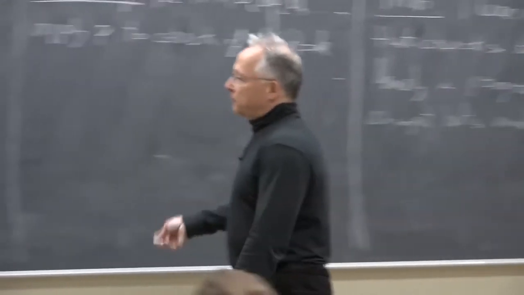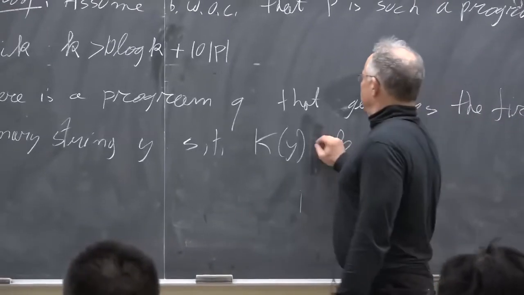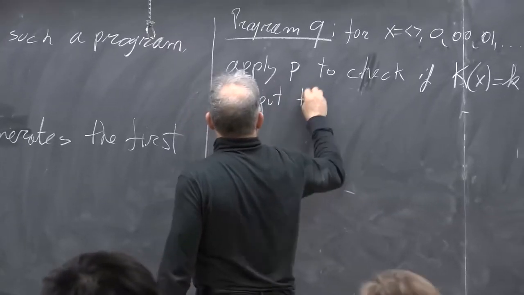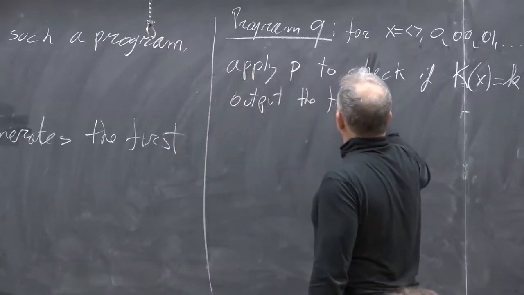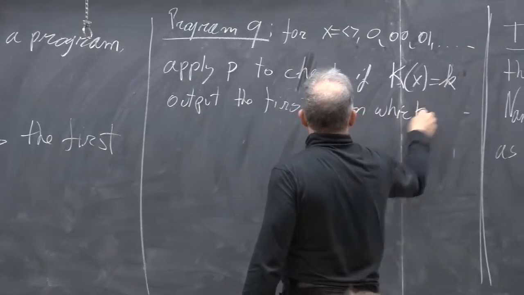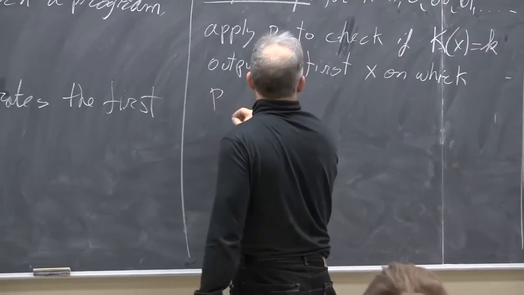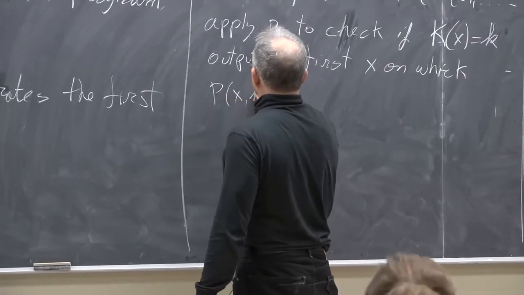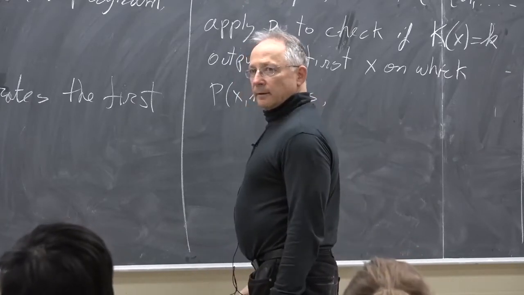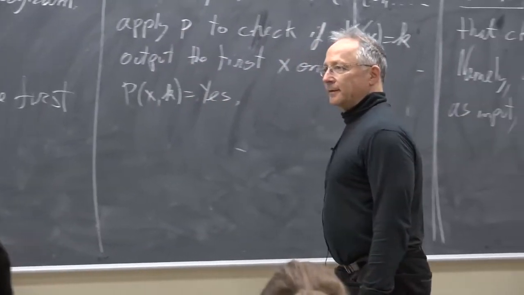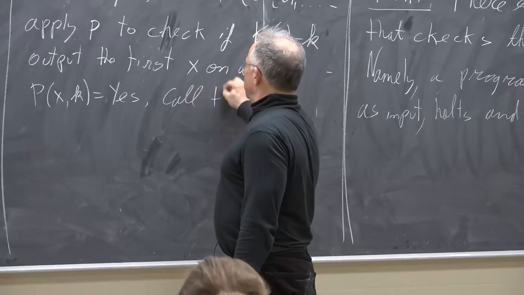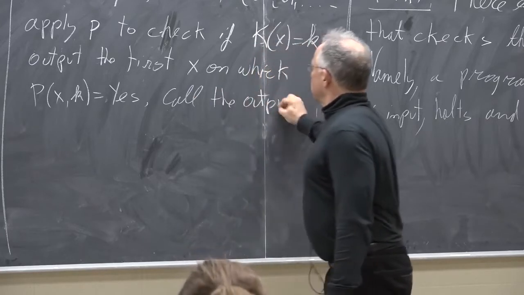So the first string such that, say, the complexity equals k. Doesn't matter. Output the first x on which P of x, k equals yes. Let's call the output y.